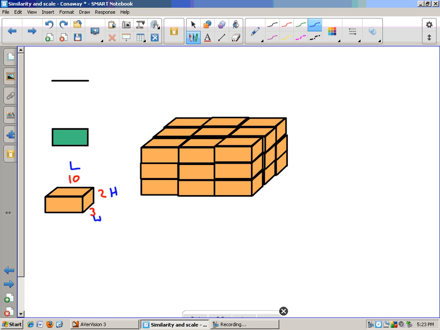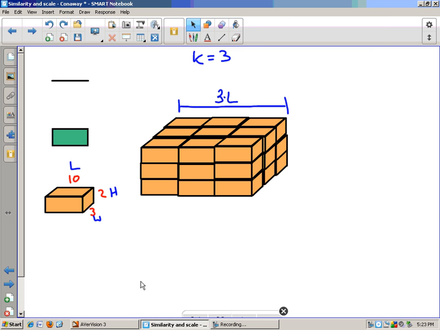So when I scale this up, let's say in the case of K equals 3, like we've done here, my L, or 10, is going to become 3 times L. And in this case, I know you guys like your numbers, so that's 30. And then my H is going to become 3 times H.